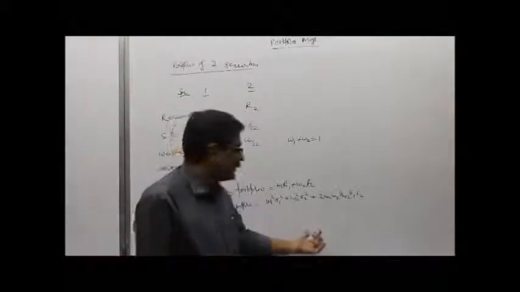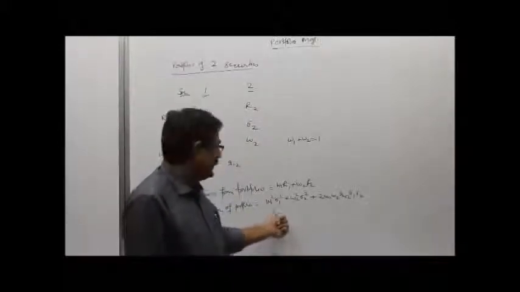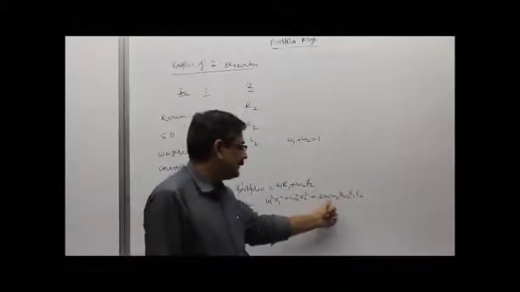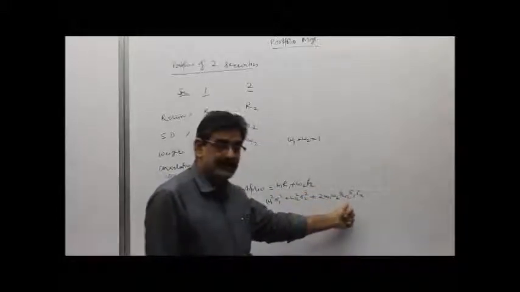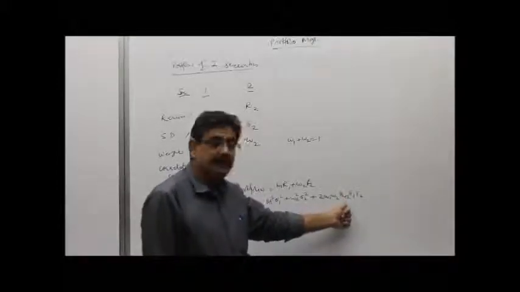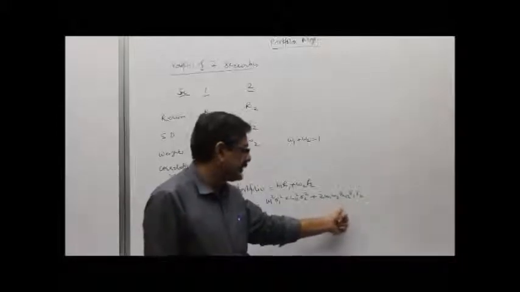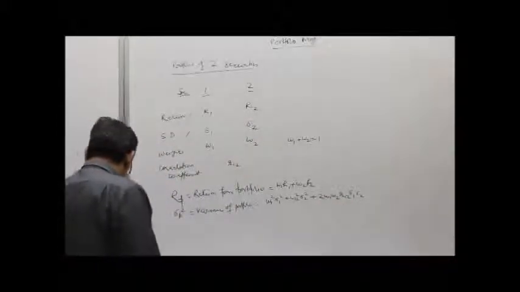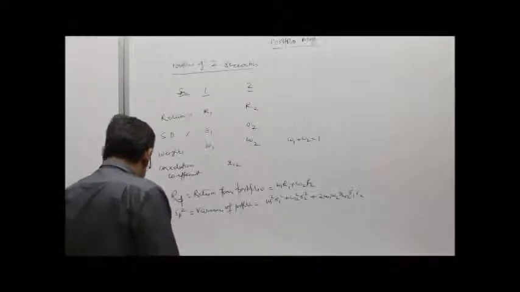There is no great difficulty in remembering the formula. It is W1 sigma 1 whole square, W2 sigma 2 whole square, and then the additional term W1 W2 R12 is here. R12 represents the correlation coefficient between the returns of the 2 securities, and this becomes a formula situation. We go ahead with question number 2.